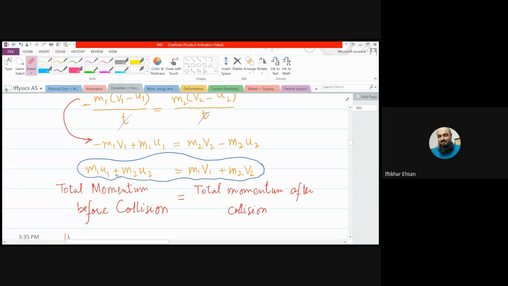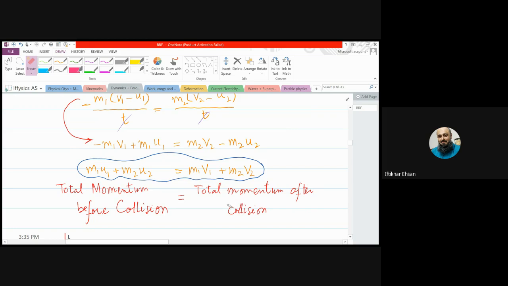When you add them, this is the total momentum before collision. And here, V1 and V2 are the velocities after collision. So this is the momentum after collision, and plus means the total momentum after collision, and equal says that the total momentum before collision is equal to the total momentum after collision.